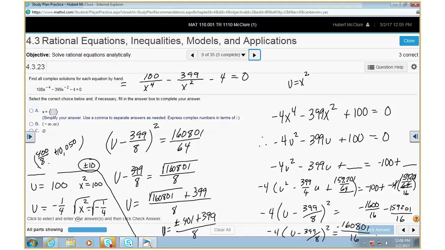So there's your answer, positive or negative 10, unless they want the answers in terms of i. In that case, x is equal to i times the square root of 1/4, which would be 1/2, so positive or negative 1/2 i. I don't know if they want that or not. So let's see what they want. Negative 10 to positive 10 is probably what they want.